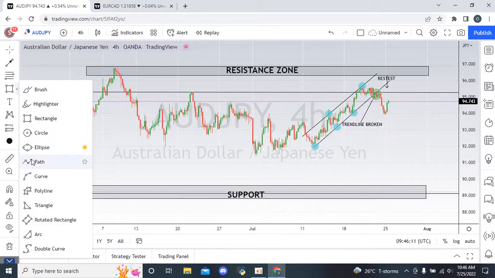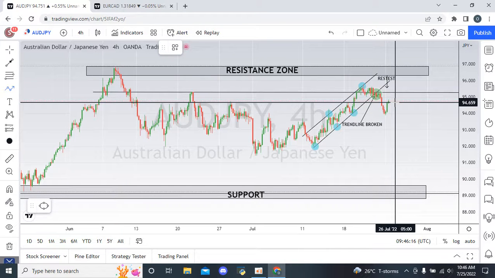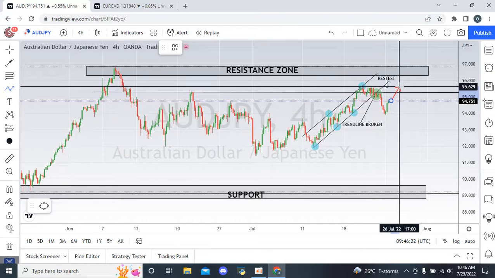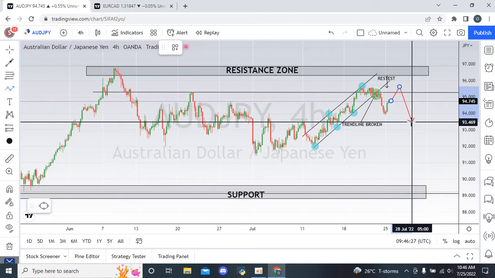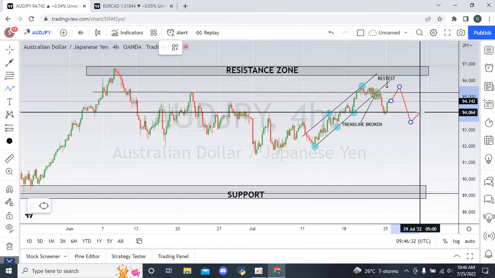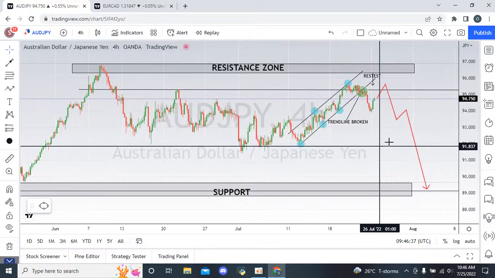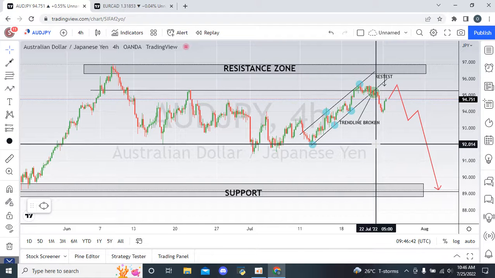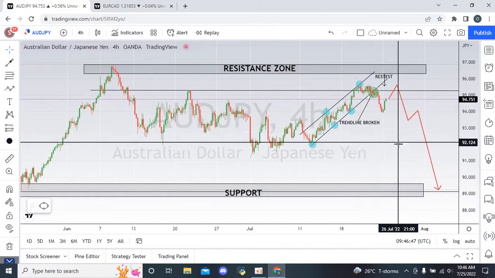So far the retest is not complete yet, so we should expect something like this. When the price gets to this place, it's going to retest this level, then continue selling. This is what we should expect on AUDJPY this week, at least on a long-term trading plan.